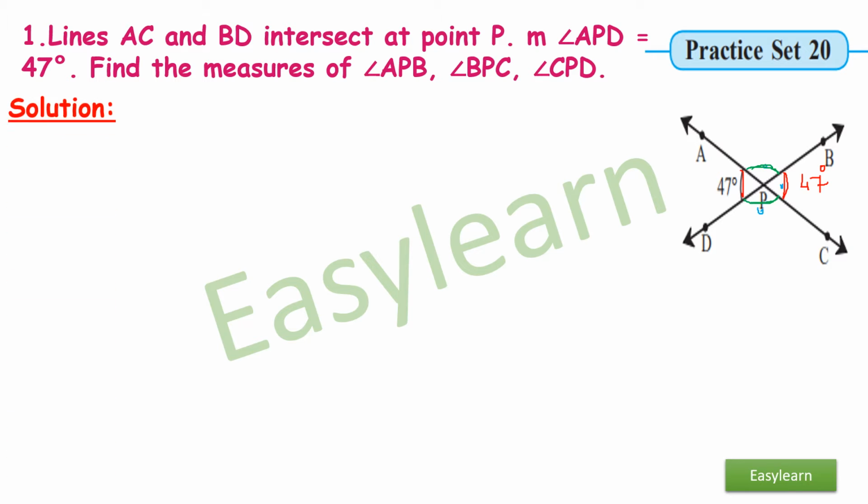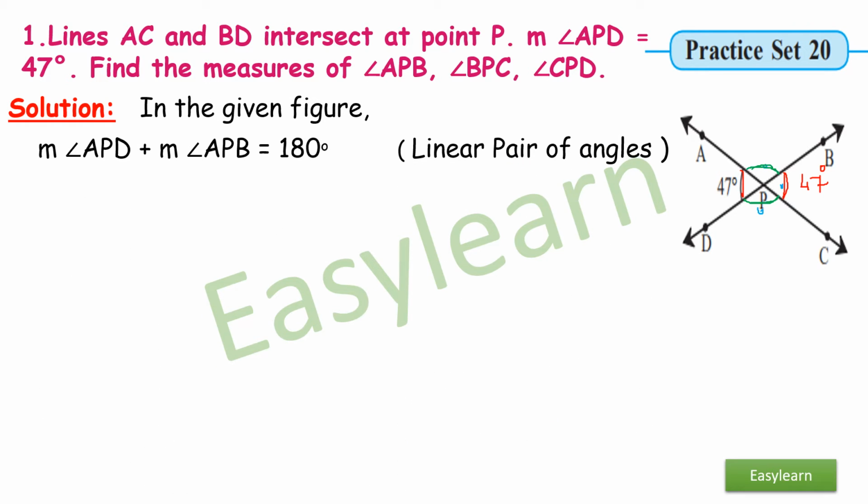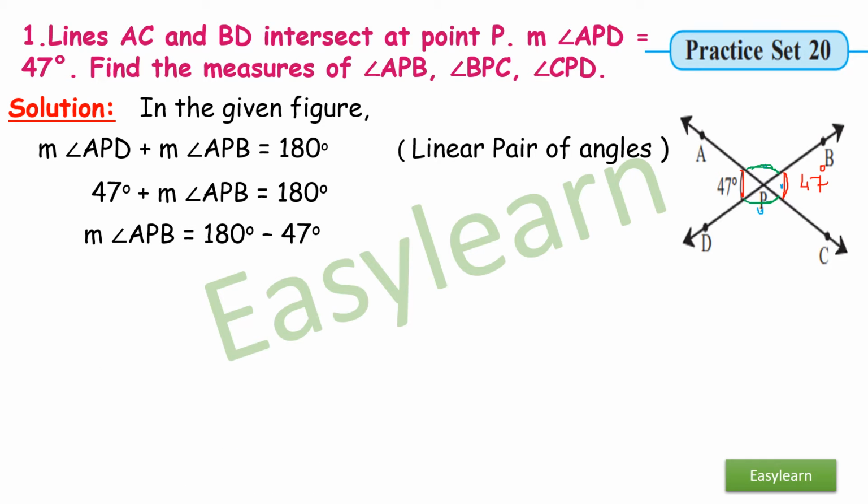So let's see the solution. In the given figure, measure angle APD plus measure angle APB is equal to 180. That is a linear pair. APD is given as 47 degrees. APB we have to find, so the sum is equal to 180 degrees. Therefore, measure angle APB is equal to 180 degrees minus 47 degrees. Thus, measure angle APB is 133 degrees.